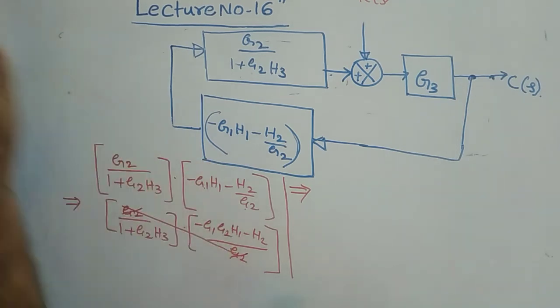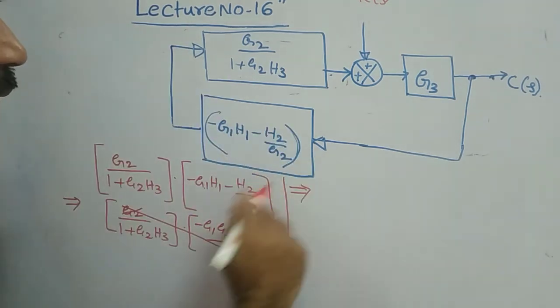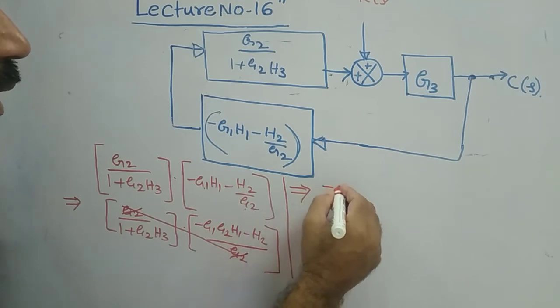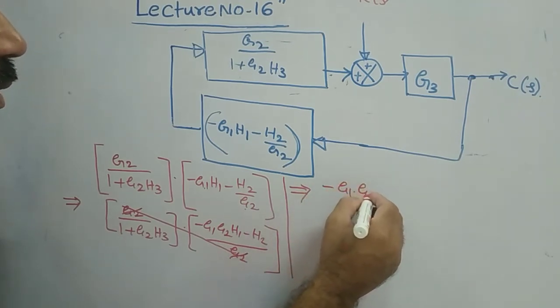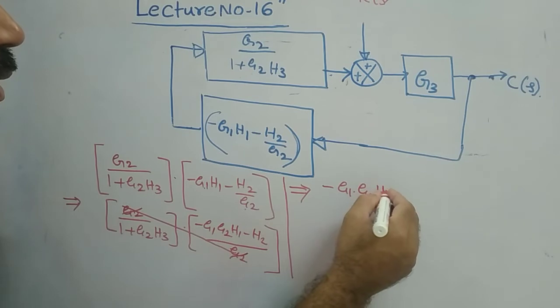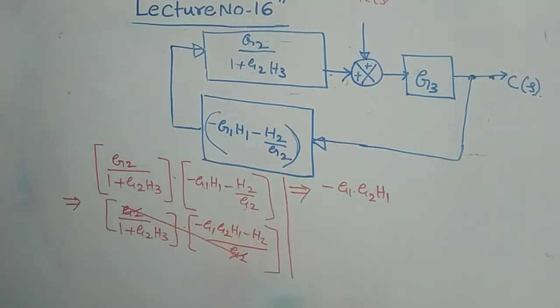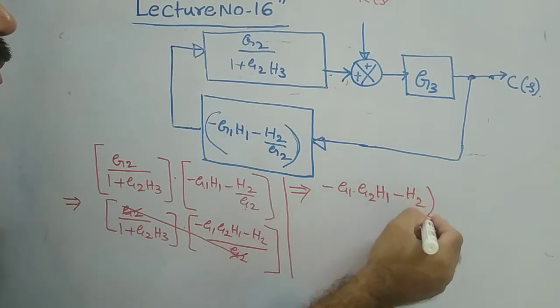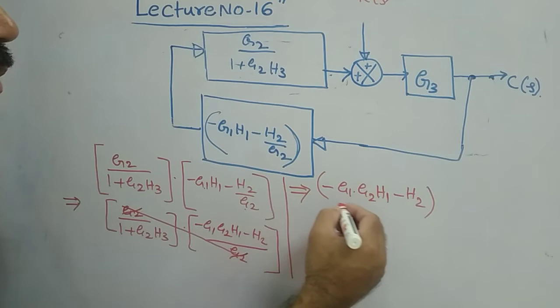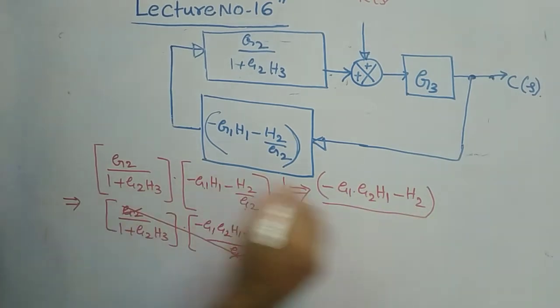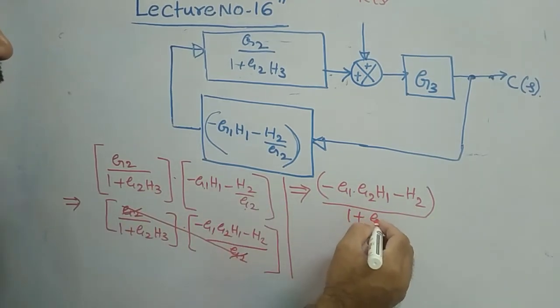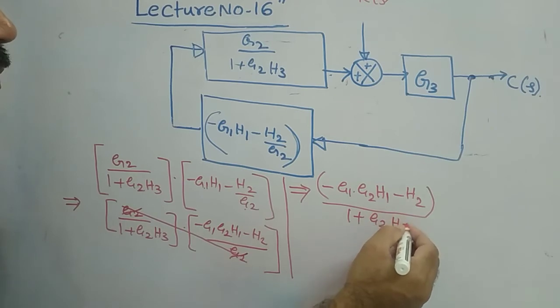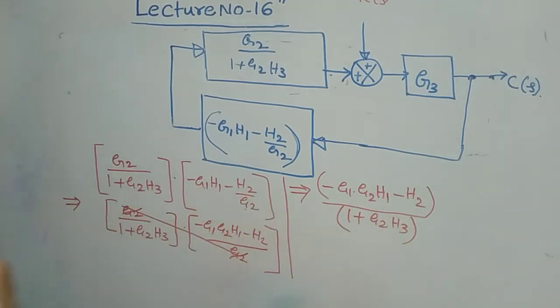Therefore, in the numerator what we will have: minus G1 G2 H1 minus H2, over 1 plus G2 H3.